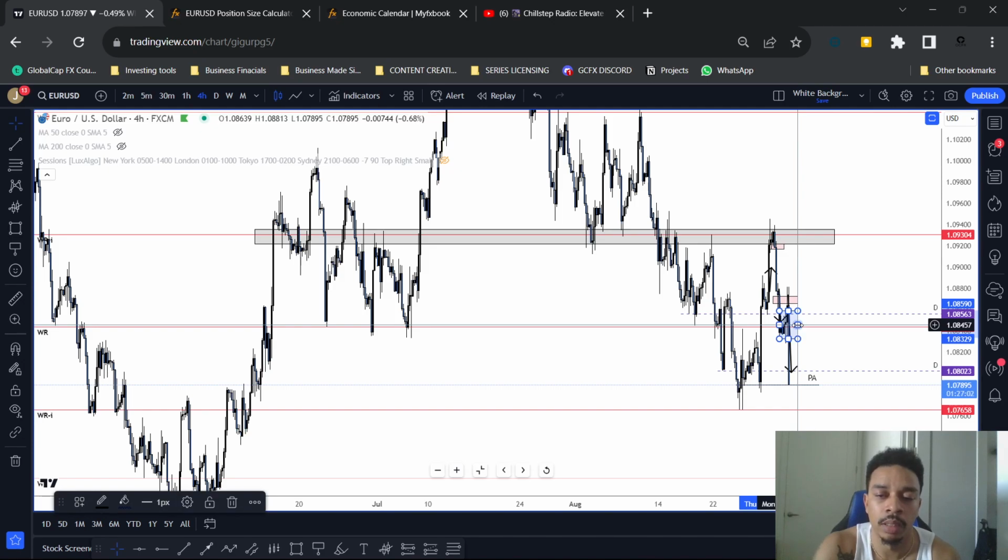So understanding that, just be patient. There will be impulsive moves that in hindsight you think you should have gotten in, but don't be too hasty. Wait for that retest or wait for price to come back into a price action area so that you can maximize your risk to reward ratio.